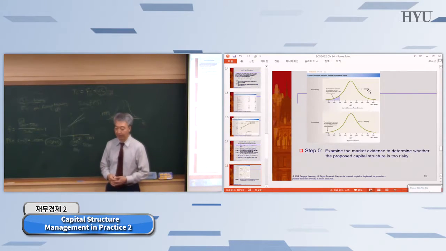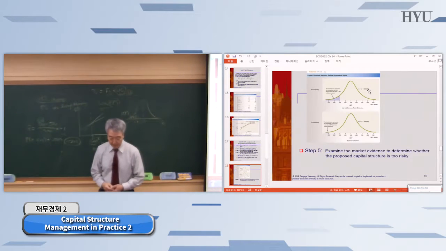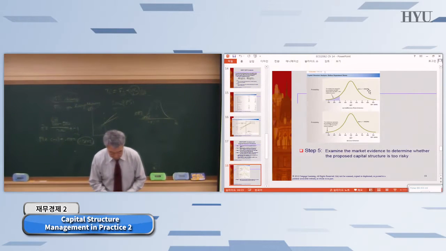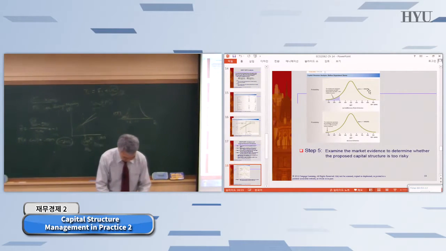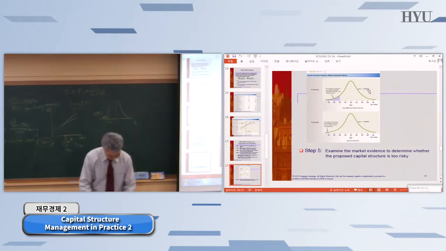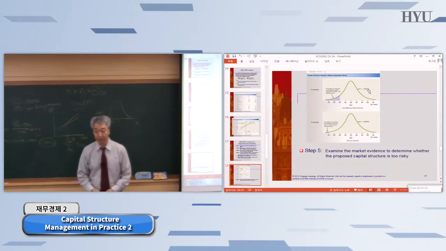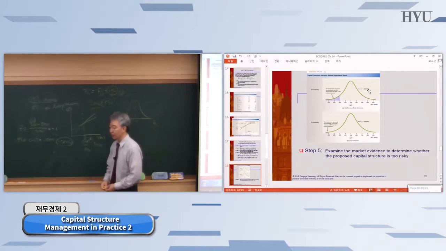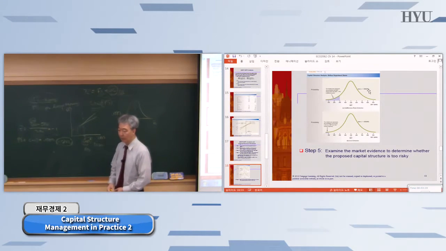Okay? And then the second story is what? If you read the chapter, apparently the minimum necessary EBIT, the minimum necessary operating income level, is 100. Okay?